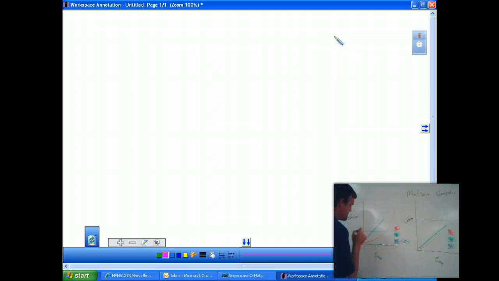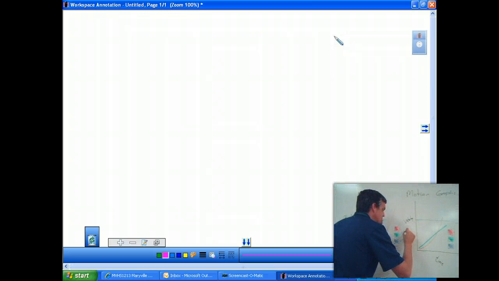In 2 seconds, it moves 2 meters. To the third meter, I apologize, let me back up. In 1 second, it moved 1 meter. In the second, so in that span of one more second, it moved 1 more meter. And so it's continually moving the same amount, and this is moving at what we call a constant velocity.